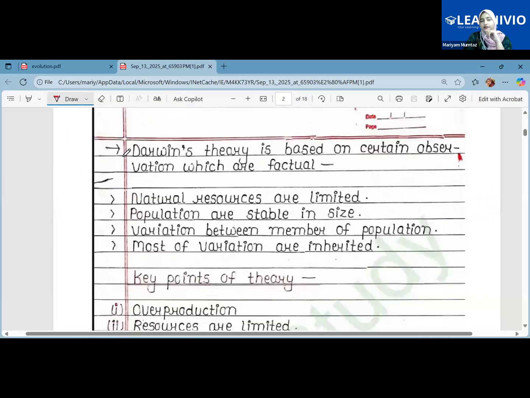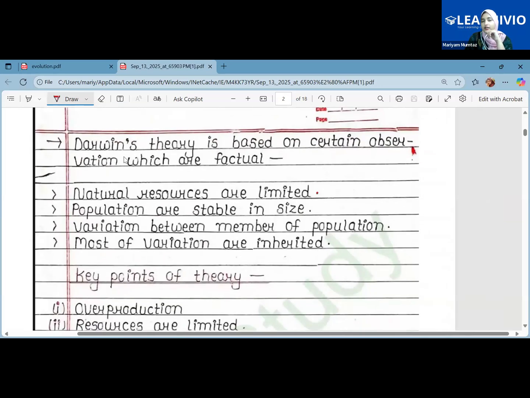He observed that natural resources are limited. The amount of water and other things that are available are limited, and populations are stable in size. Variation between the members of a population exists, and most of the variations are inherited, meaning changes or the introduction of new characters are inherited.